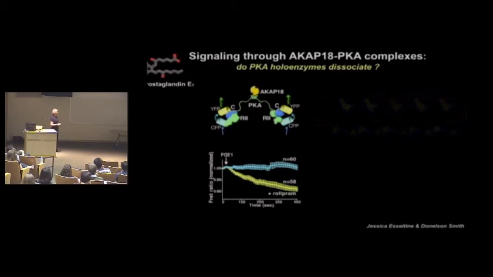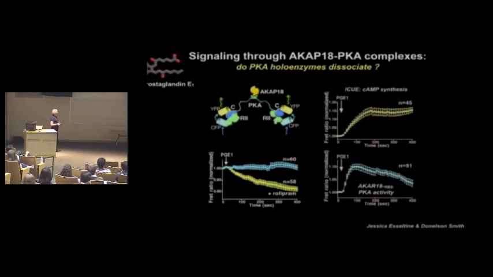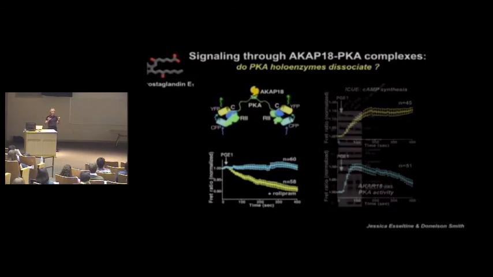It doesn't appear to happen. Here are the controls, again showing that you've got cyclic AMP synthesis and PKA activity. So this suggests that these macromolecular complexes remain intact and solid state signaling can occur in a cyclic AMP dependent manner.